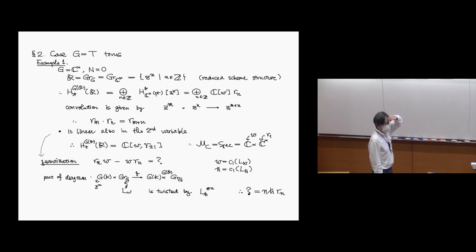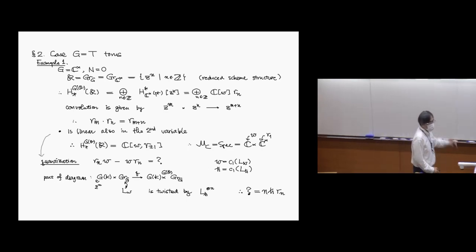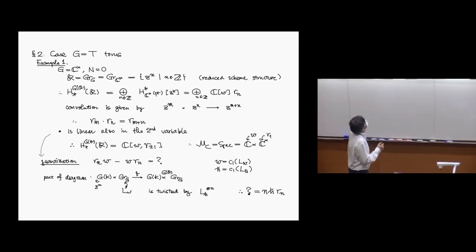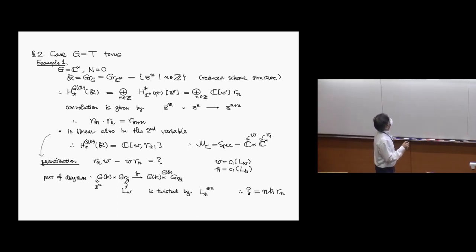Of course, this is discrete points, so the action is trivial. So you have the equivariant homology of a point at each point for the integers. So this is a total description of the equivariant homology group.